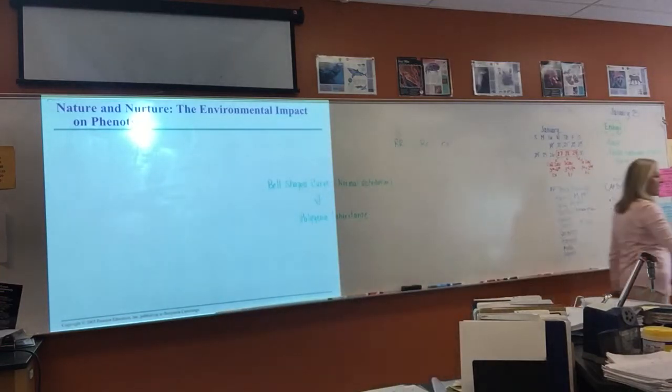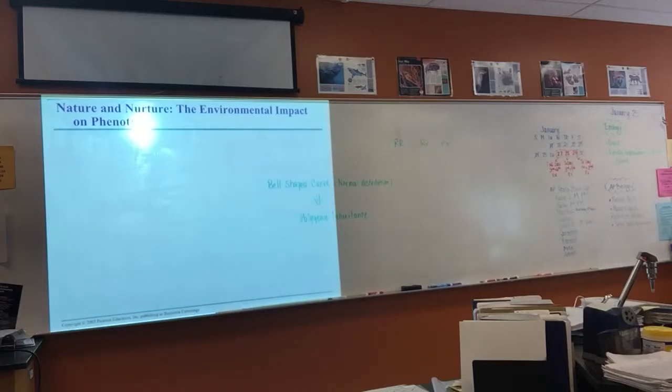And so sometimes I call this nature versus nurture, the environmental impact on phenotype. Nature is your genotype. They've done this looking at twins separated at birth who grow up in two different families. So identical twins, their genes are identical. So the genetics is identical.